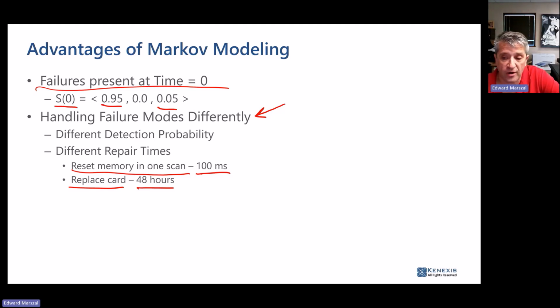We don't want our end users modeling our SIS logic solvers. Instead, we want our customers to come to us, and we will run the calculations, we will give you a PFD, we will give you a spurious trip rate to use in your calculations.